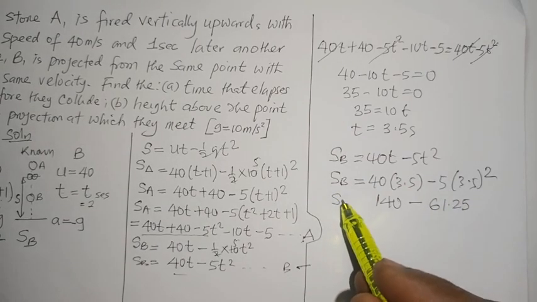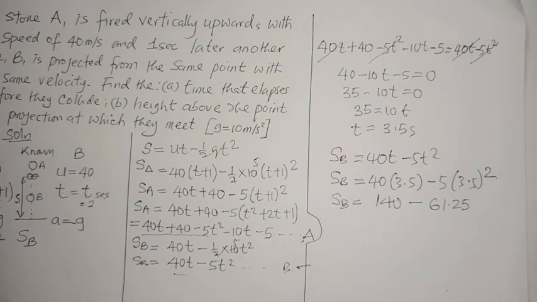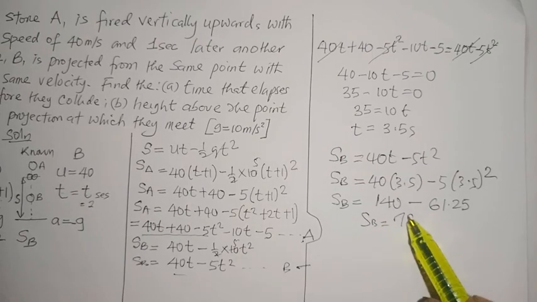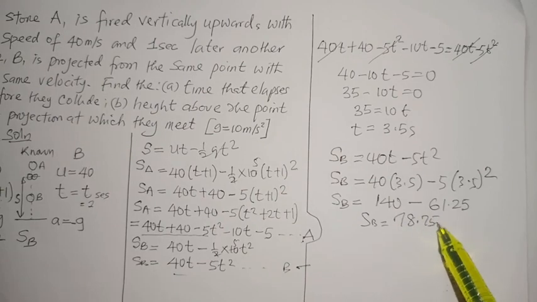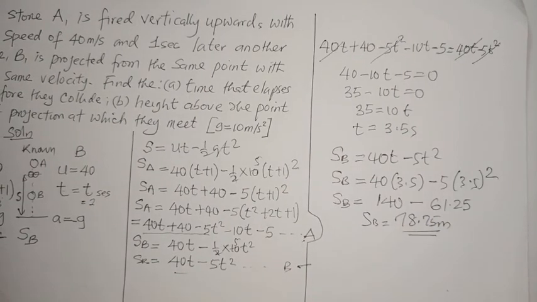So when I find the difference between these two, my answer will be 78.75 meters. So the point above the ground where both stones collide is 78.75 meters above the ground. Thank you.